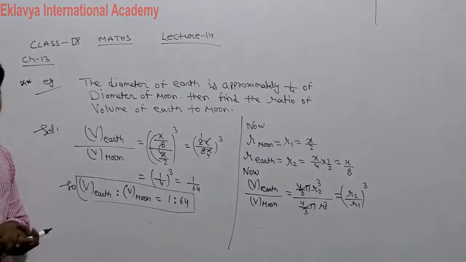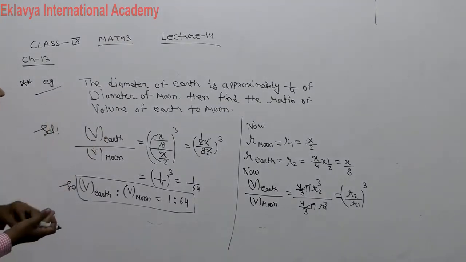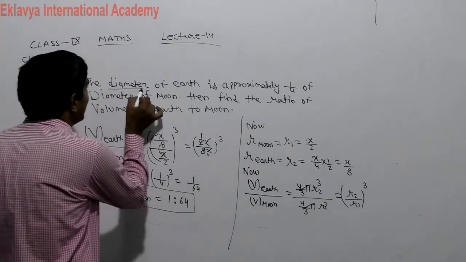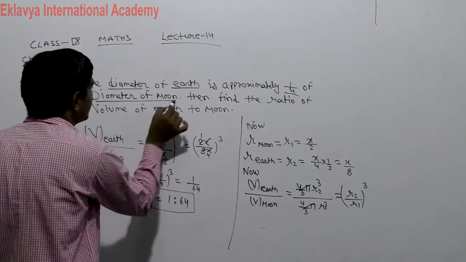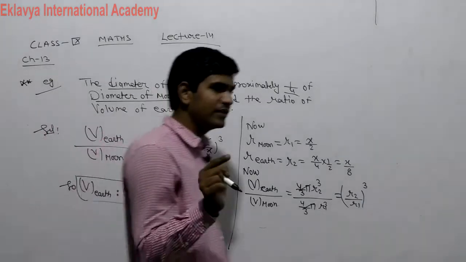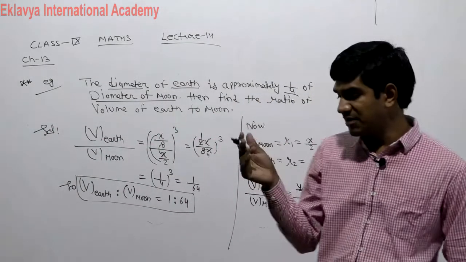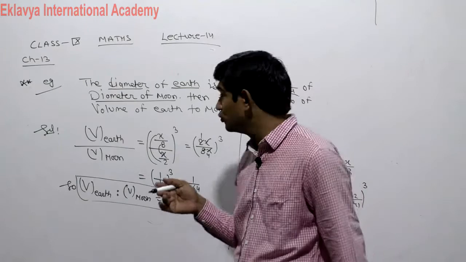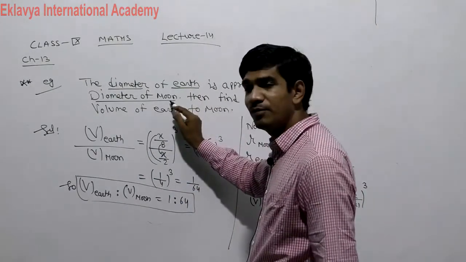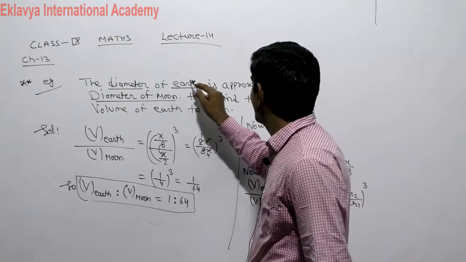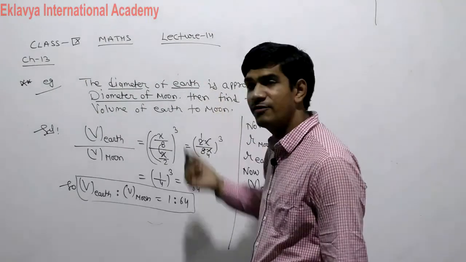Understand? Again listen, what was given in the question? The diameter of earth is approximately 1/4 of the diameter of the moon. A relation is given to you that the diameter of the earth is equal to 1/4 of the diameter of the moon. So let the diameter of the moon be x. Then what is the diameter of the earth? x by 4.